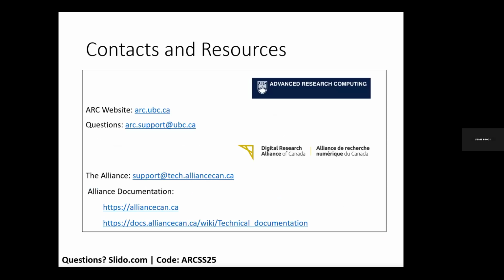All right. And yeah, I think this might be the final slide, but very useful links. And I think the two most useful ones, the first one is arc.support@ubc.ca. So if you need support, anything Alliance or ARC related, if you send it to arc.support@ubc.ca, that's us essentially, we'll find a way to answer your query, whether it's an Alliance specific or an ARC, UBC ARC query.